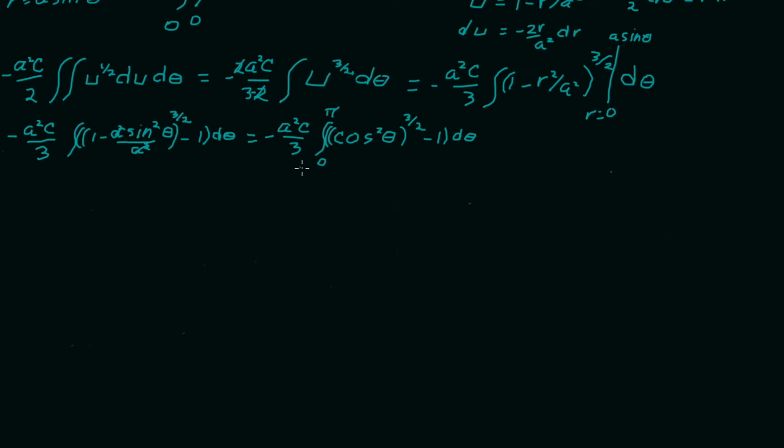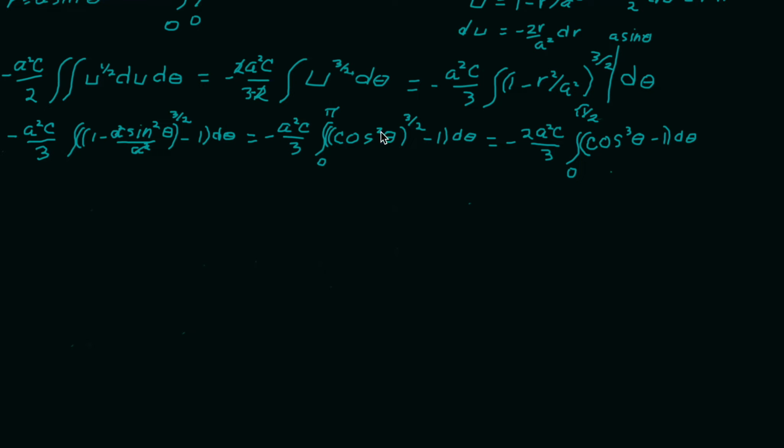Another option is, remember, this was symmetrical across the y-axis, so if we just take the integral of 0 to pi over 2 and just multiply that by 2, because this is half of the circle, just integrate half of that circle, multiply that by 2, and we'll get this full value, giving us minus 2a²c over 3, where the integral goes from 0 to pi over 2 instead of 0 to pi.